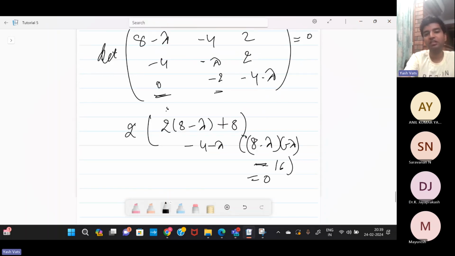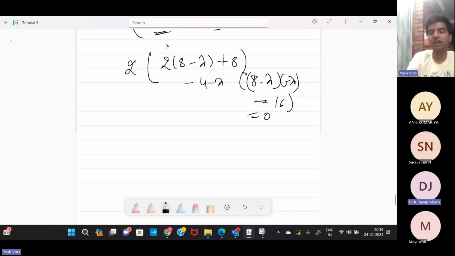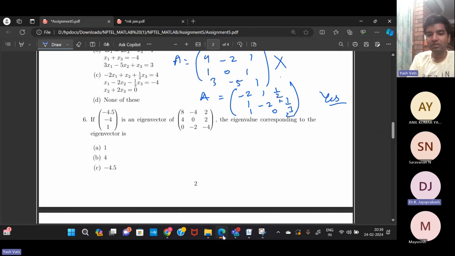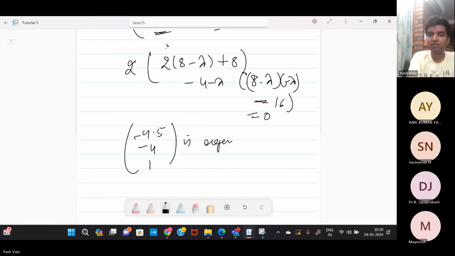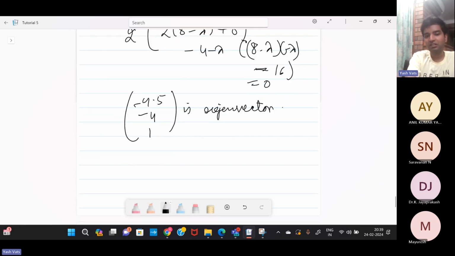Okay, so you know how to find the eigenvalues. Once it is given in the question that this, minus 4.5 minus 4.1, is an eigenvector, what is an eigenvector?